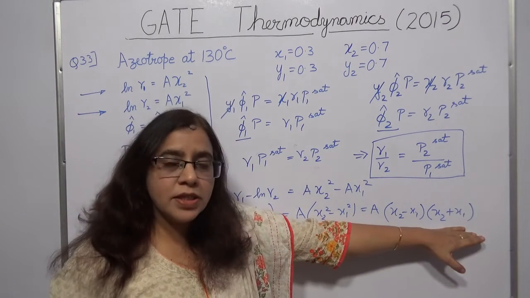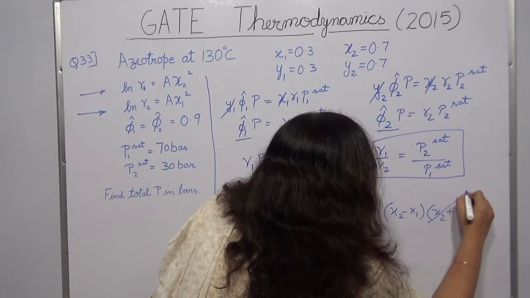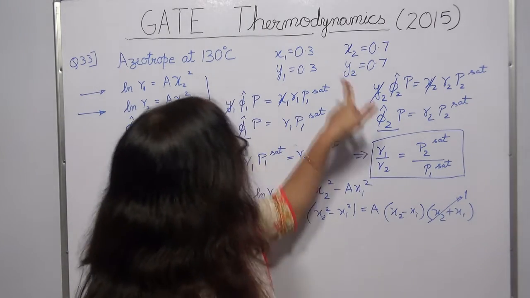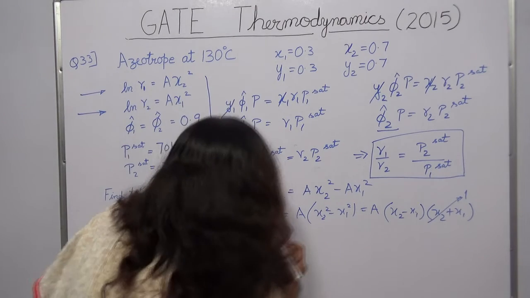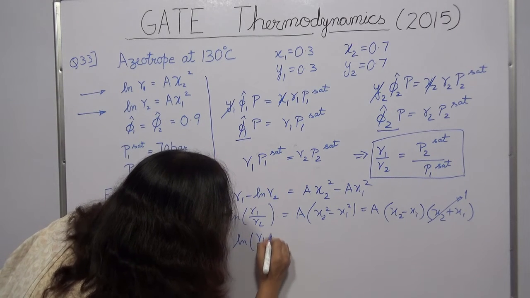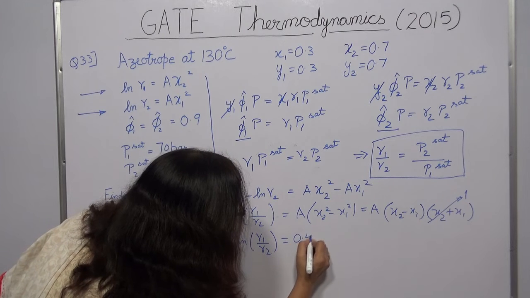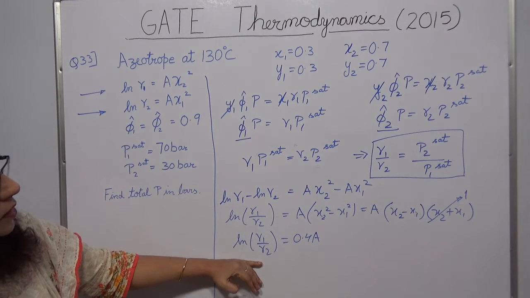These are mole fractions in the liquid phase. Their summation should be 1. So this is 1. x2 minus x1, 0.7 minus 0.3, that is 0.4. So what I get is ln of gamma 1 by gamma 2 is equal to 0.4 times a. Okay, so where is this leading us to?